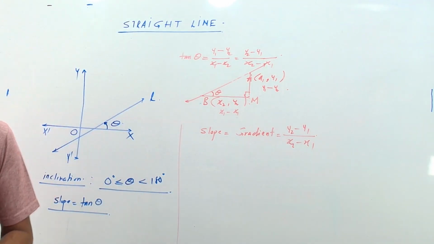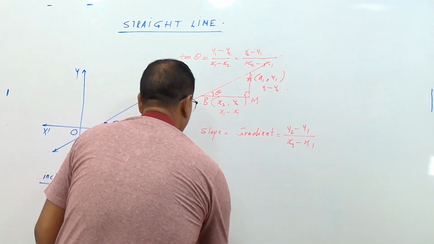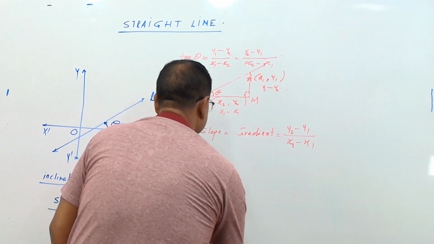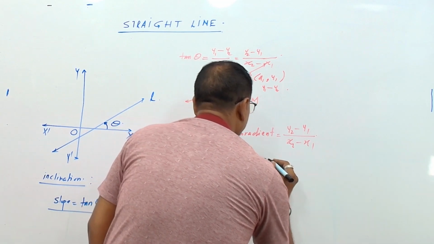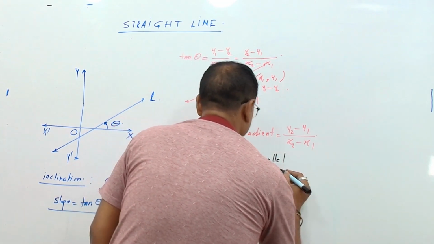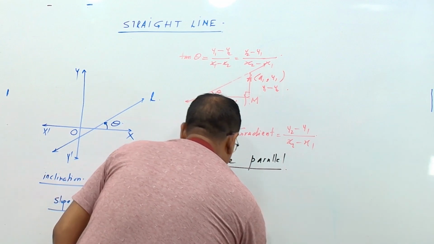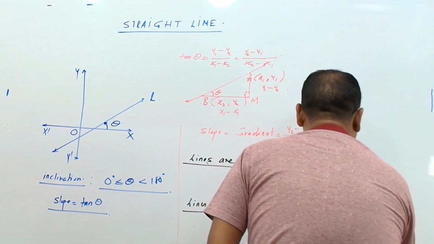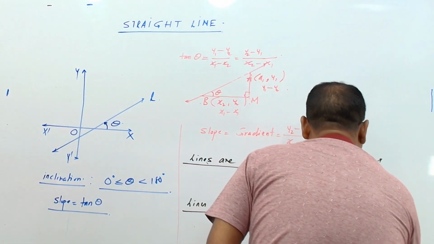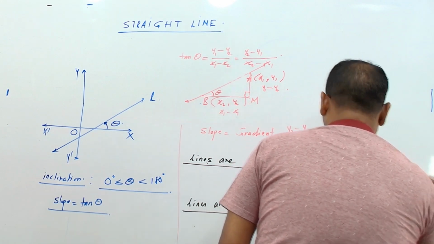Now what will happen if the lines are parallel? If the lines are perpendicular? Suppose two lines are parallel. Their slopes are m1, m2.